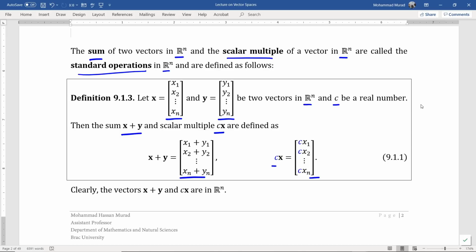Similarly, the scalar multiple is obtained by simply multiplying every component of the vector x by the constant c. Clearly, the vectors x plus y and cx are in the set Rn, since they have n components and they are real numbers.